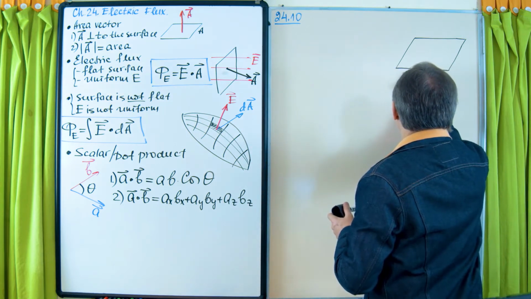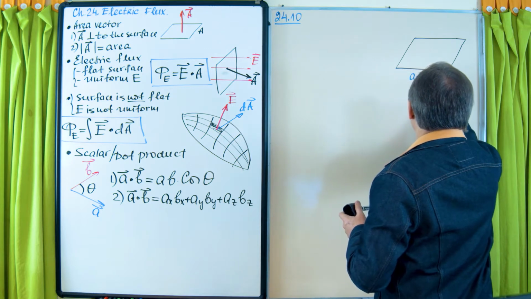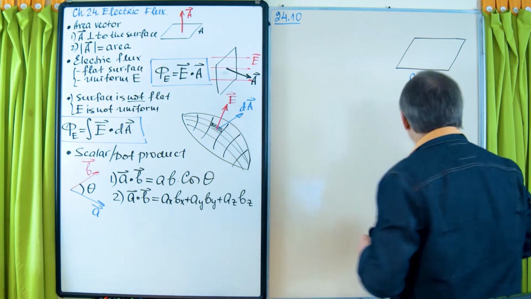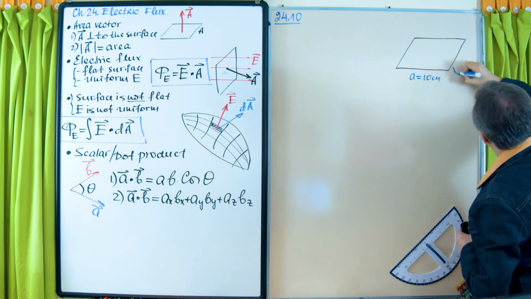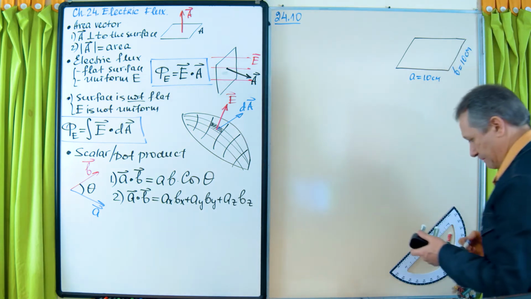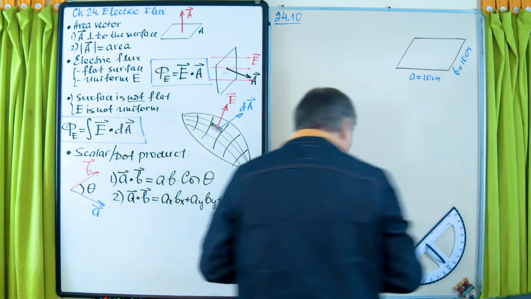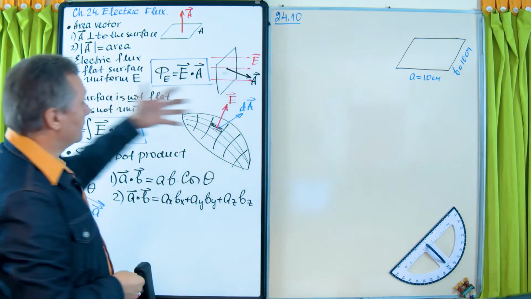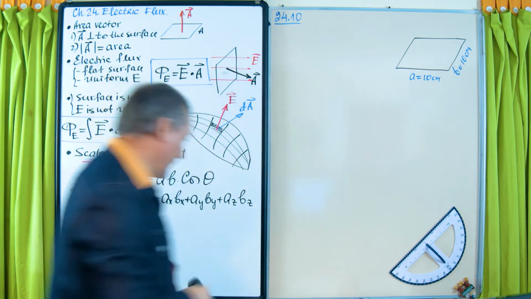This is A, 10 centimeters. B also 10 centimeters, right? So that's the surface, and in this case, it's flat.